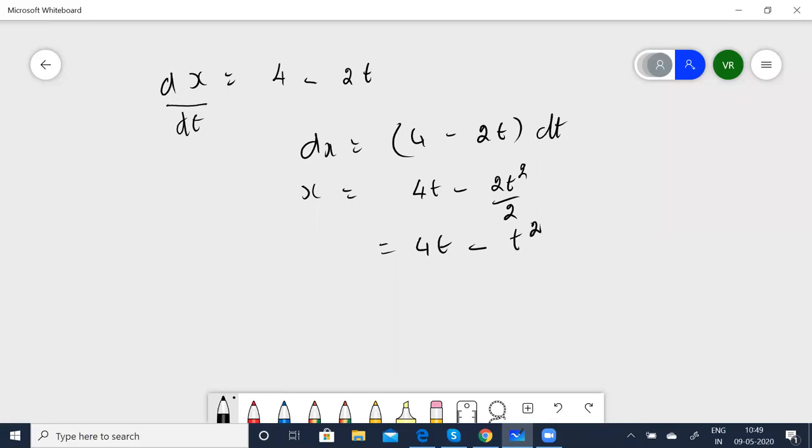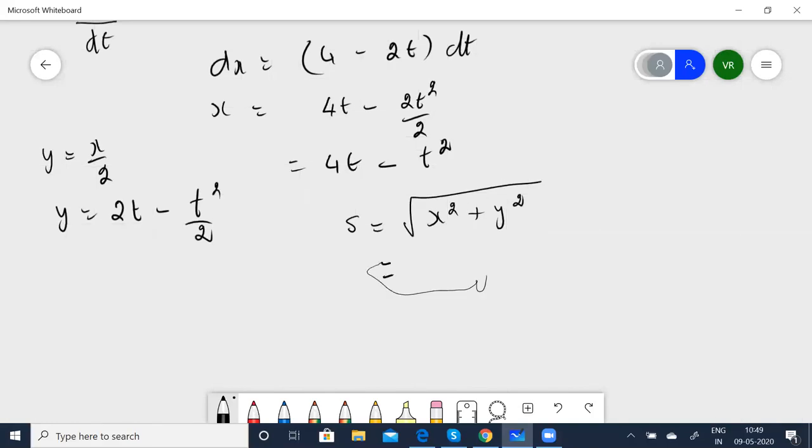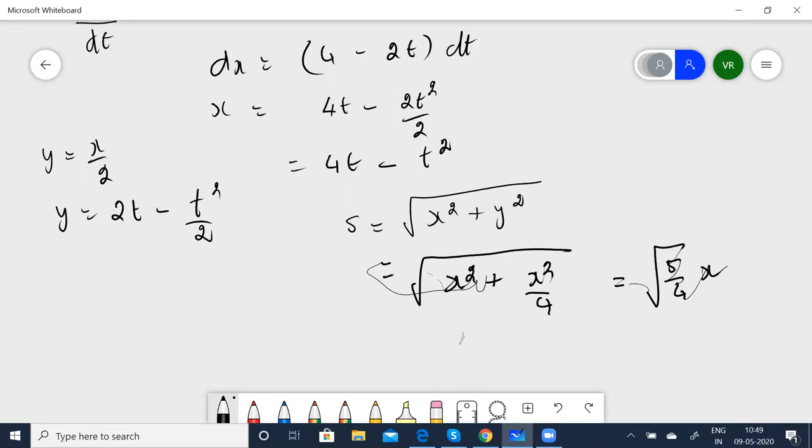Now we have y is equal to x by 2. Substituting, you get y is equal to 2t minus t squared by 2. So s, the resultant displacement, is root of x squared plus y squared, which is root of x squared plus x squared by 4, giving root 5 by 2 times x.